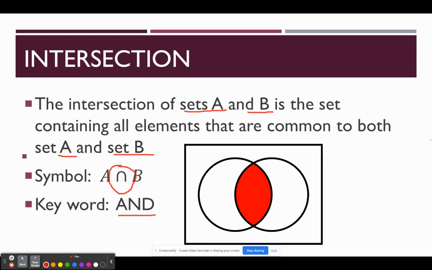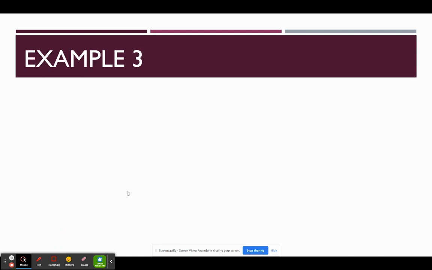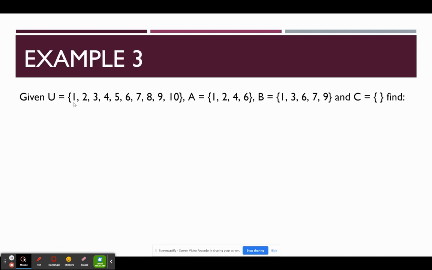Here we have an example coming up where we're going to have a universal. The universal is, again, all the numbers that we're looking at and how those relate to each other. Here we go. So given 1, 2, 3, 4, 5, 6, 7, 8, 9, and 10 are what we're looking at. So, a real quick sketch of that.